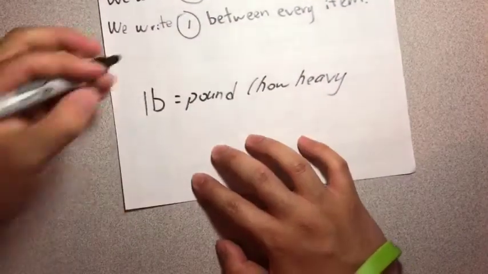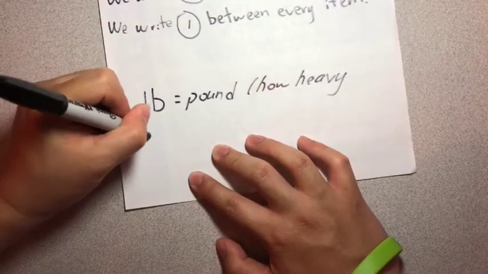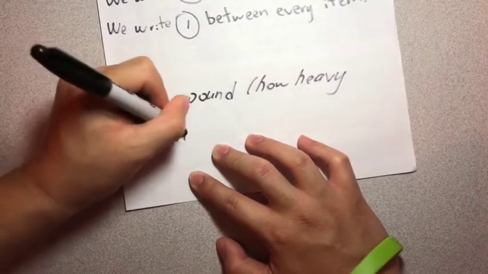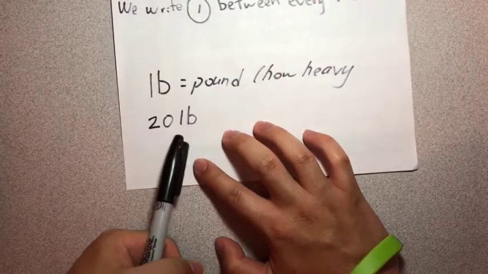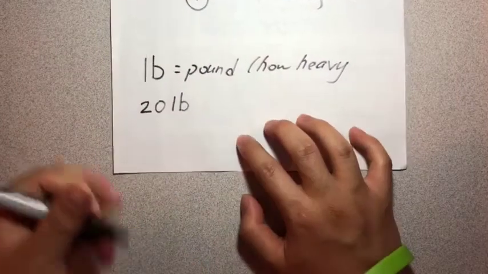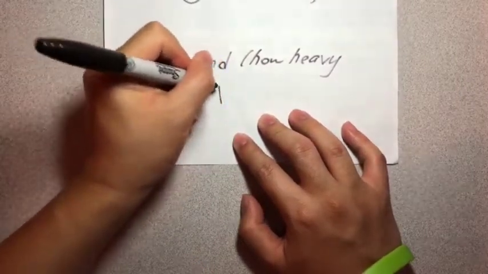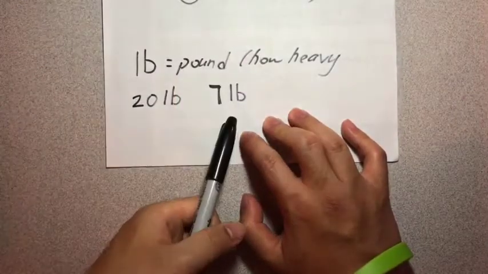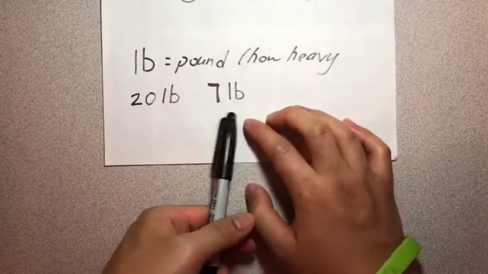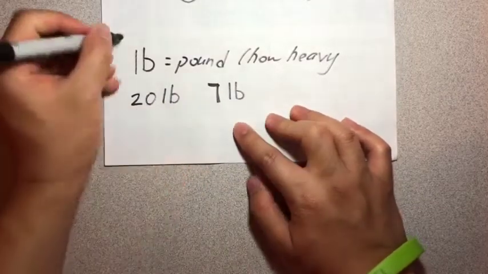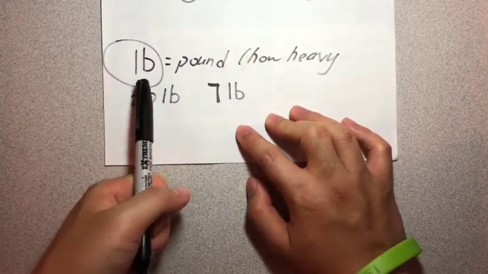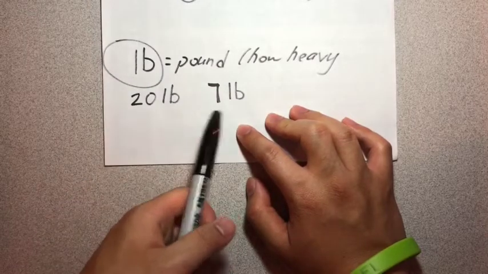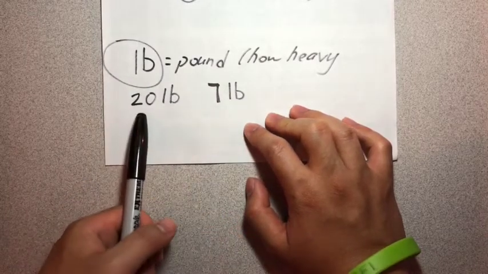Okay, so if we have 20 lb, it means it is 20 pounds. If we have 7 lb, it's 7 pounds. We say pounds when we see these letters. So this is 7 pounds. This is 20 pounds.